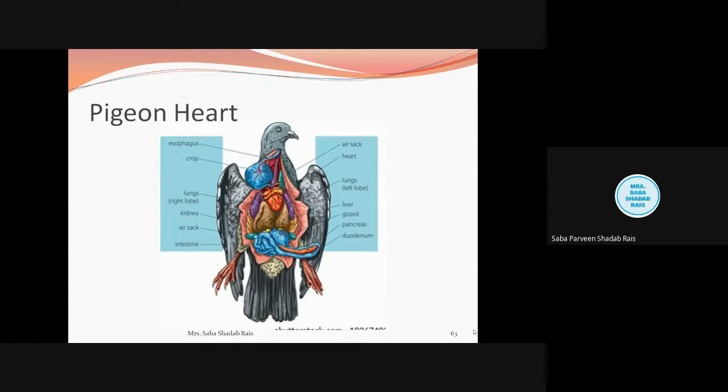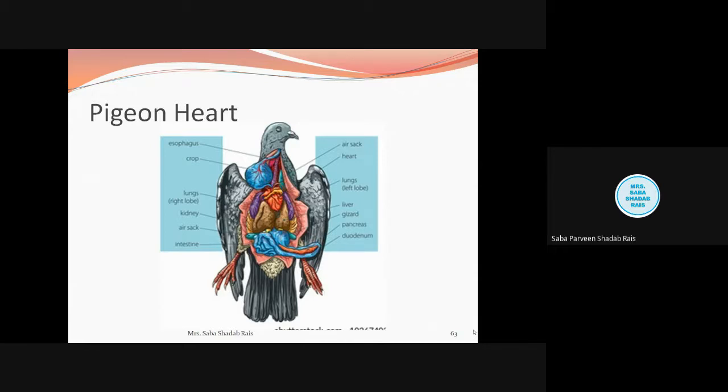When we talk about the bird, we know they have an aerial lifestyle also. So which phylum do they belong to? They belong to the phylum Chordata, or you can say Vertebrata. And when we talk about Aves, the birds, we know that their metabolic rate is extremely high.